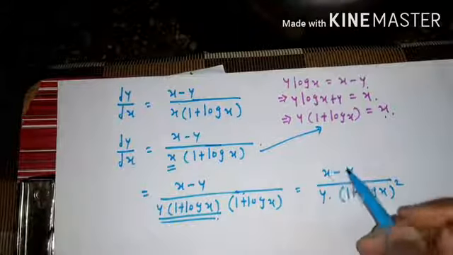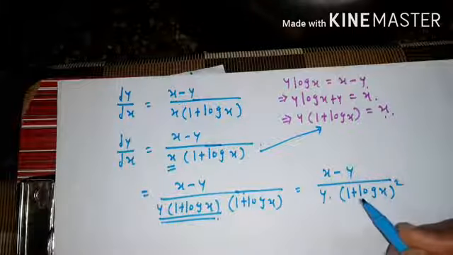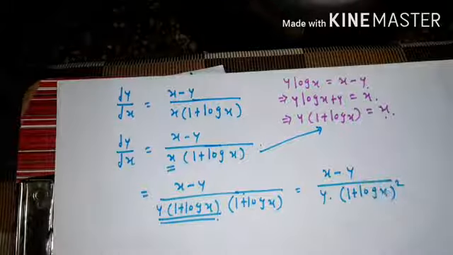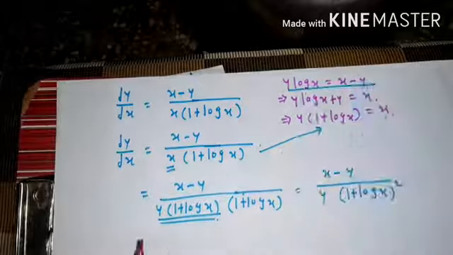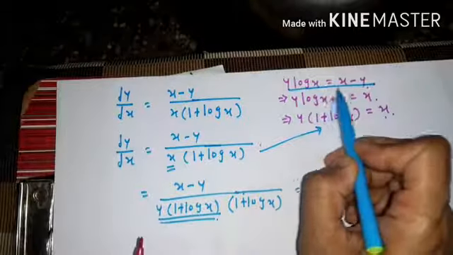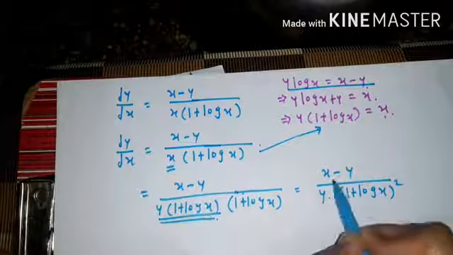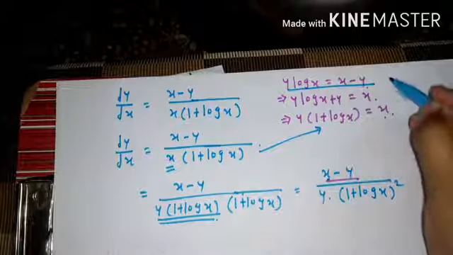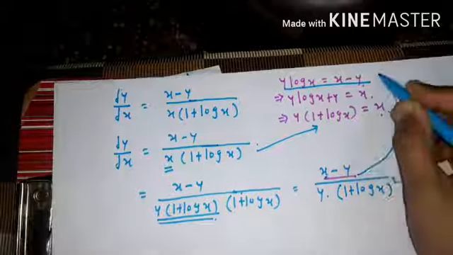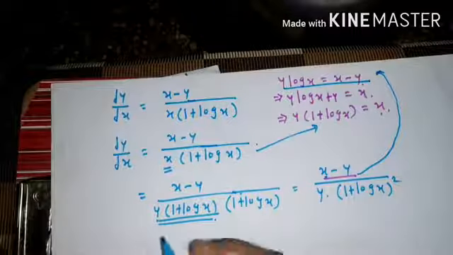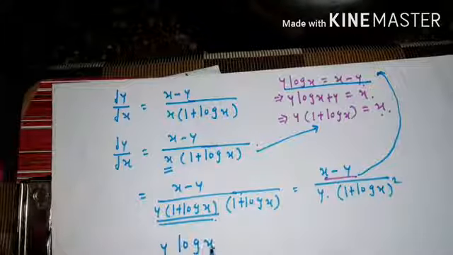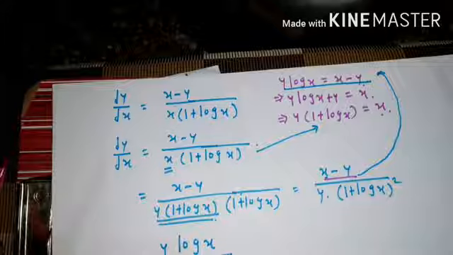Now we have to make an adjustment in x minus y upon y. Now put the value here. Again, see students, y log of x equal to x minus y. The value of x minus y we can put from this, at the numerator. So x minus y equal to y log of x upon y into (1 plus log of x) whole square.